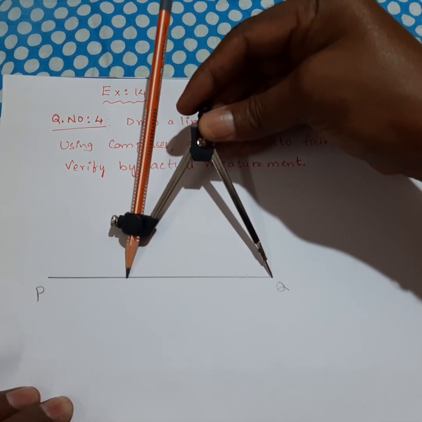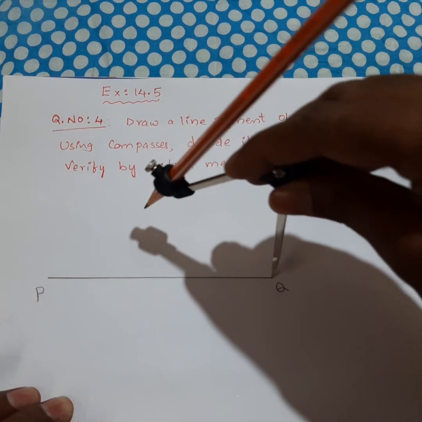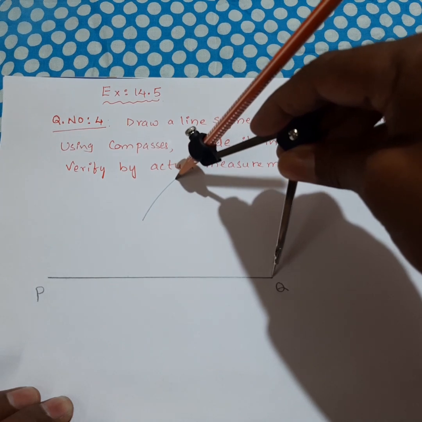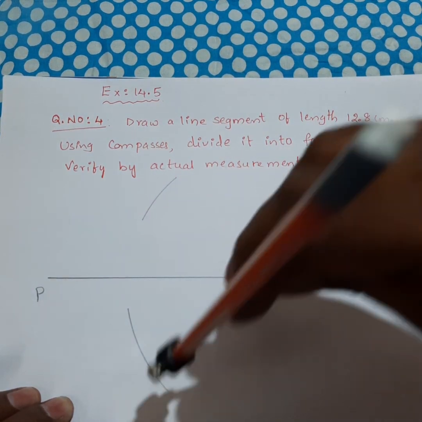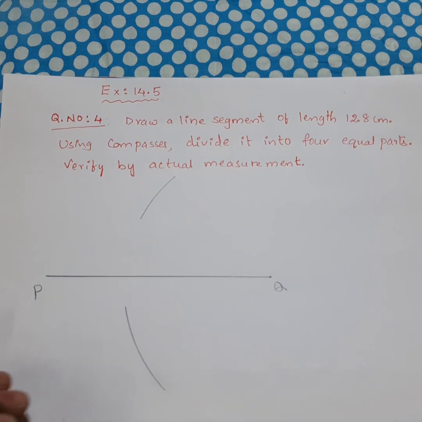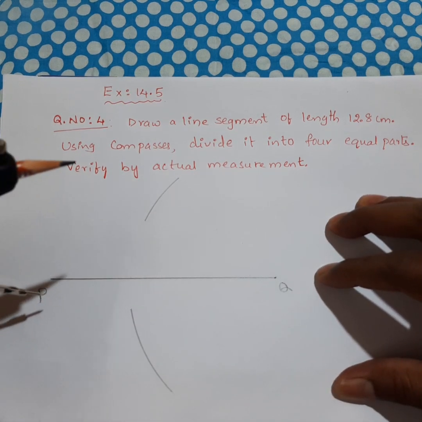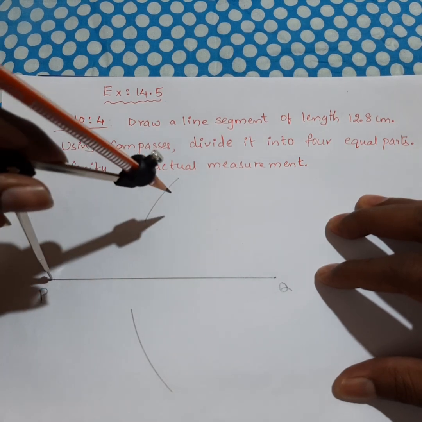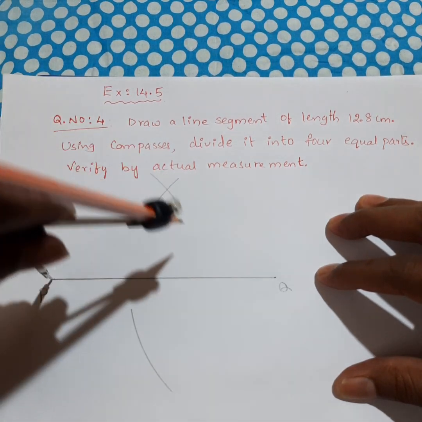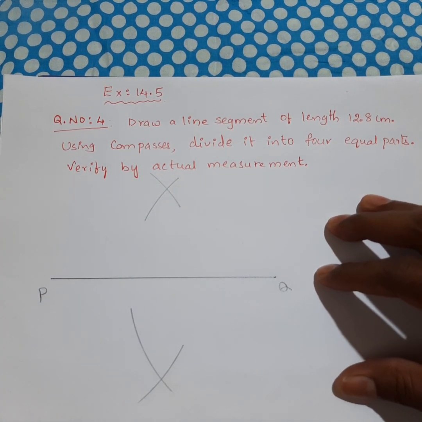So take center as Q or P. First of all, take center as Q. Draw an arc above the line segment and one more arc below the line segment. With the same radius, we need to cut those arcs with center P. So here there are 2 points.